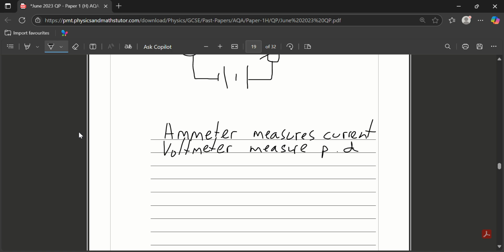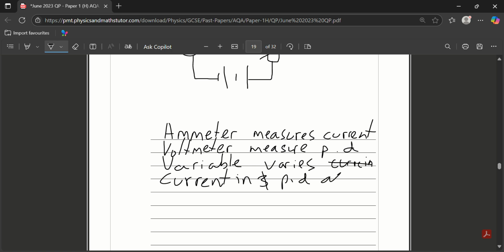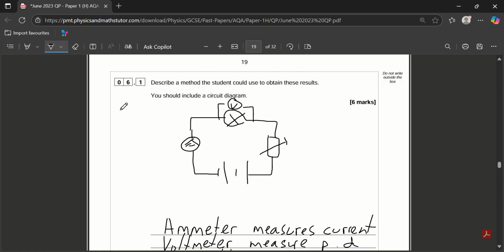And the variable resistor will vary the current in and potential difference across the filament lamp. I'll just use the symbol for filament lamp instead.